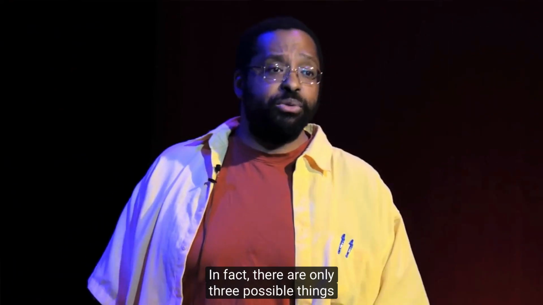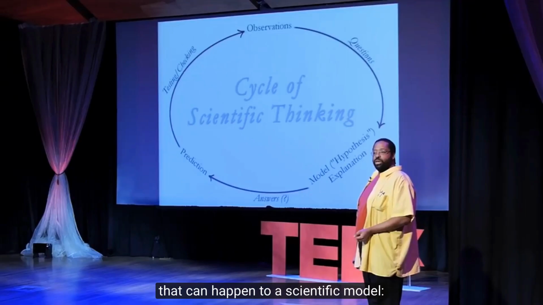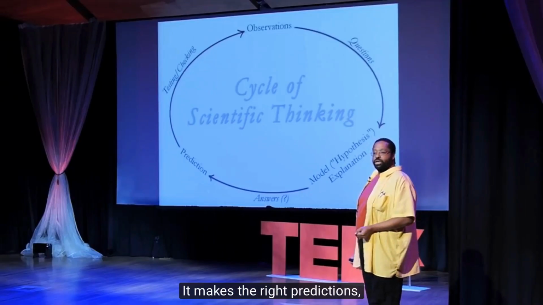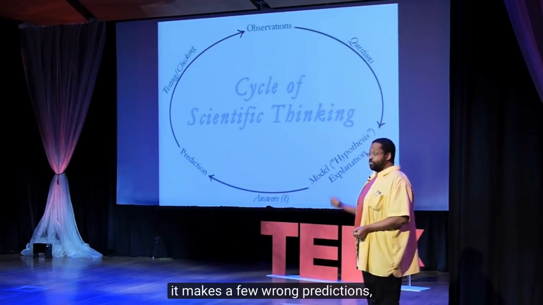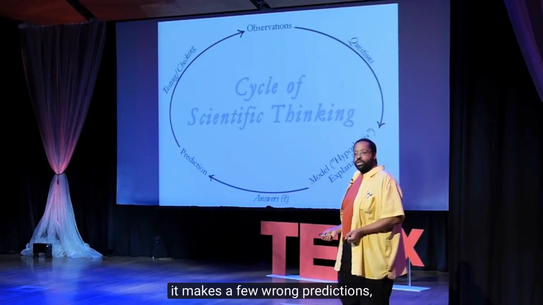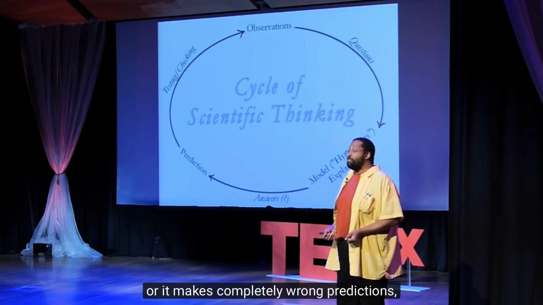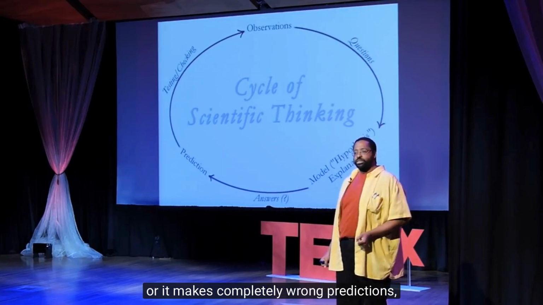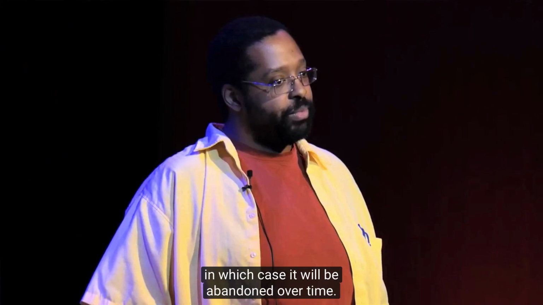In fact, there are only 3 possible things that can happen to a scientific model. It makes the right predictions, in which case it becomes stronger over time. It makes a few wrong predictions, in which case it is modified over time. Or it makes completely wrong predictions, in which case it will be abandoned over time.